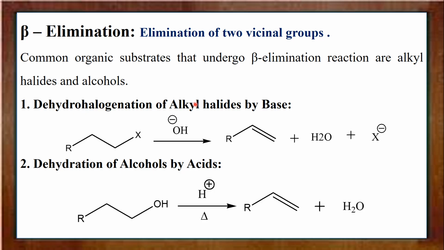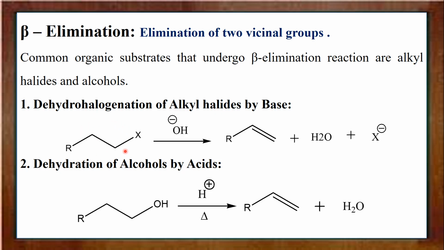Here I have given an example for dehydrohalogenation of an alkyl halide. Alkyl halides on treatment with a base undergo dehydrohalogenation, resulting in the formation of an alkene. The carbon to which the halogen is connected is called the alpha carbon. The next carbon is called the beta carbon, and the hydrogens present here are called beta hydrogen atoms.